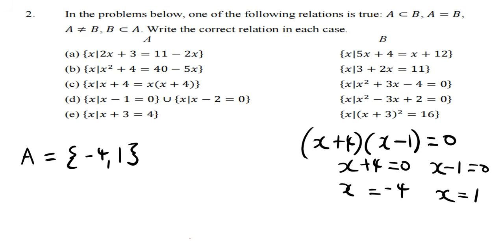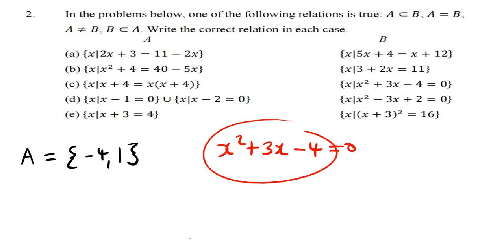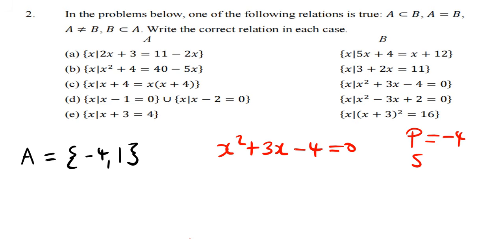Okay, so let's try the other side. We've been given x squared + 3x - 4 = 0. Basically, I think that's what we had also for the previous one, because the product is 1 multiplied by -4, the sum is 3, the factors will be the same, 4 and -1.